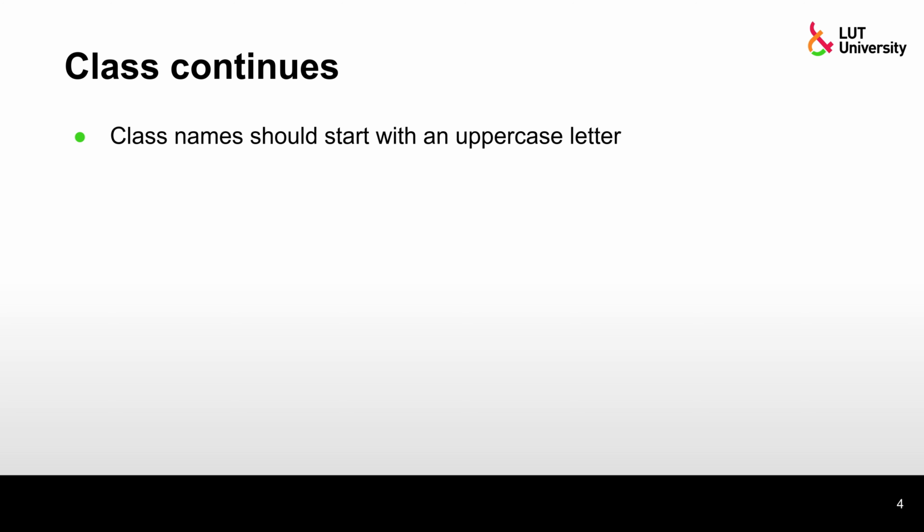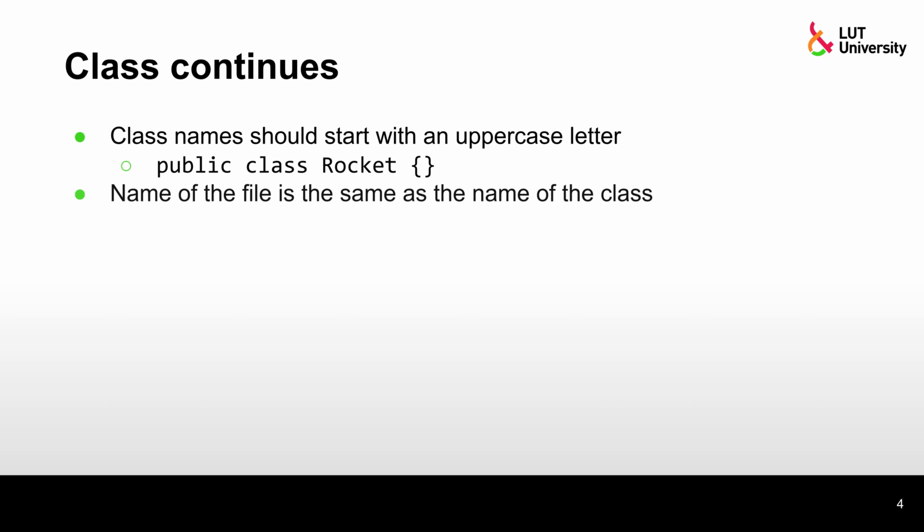And in object-oriented programming, the class name should usually start with an uppercase letter. So we have a public class Rocket with uppercase R, and the class is saved in a file called Rocket.java. So the class name is the same as the file that it is saved in.